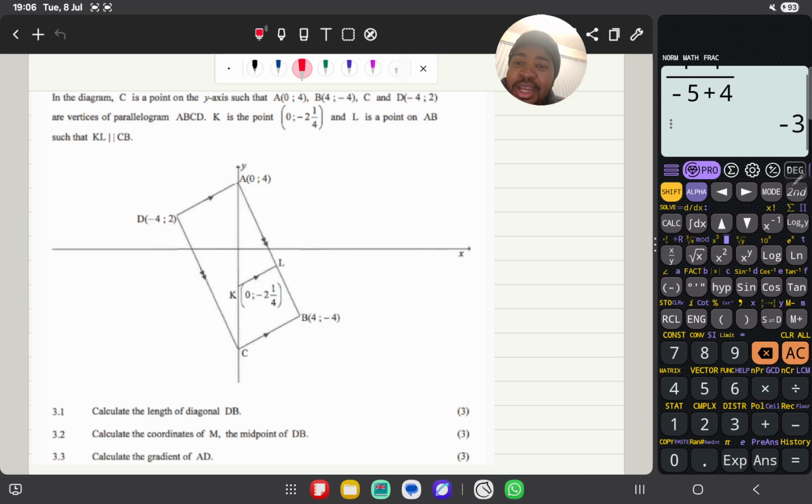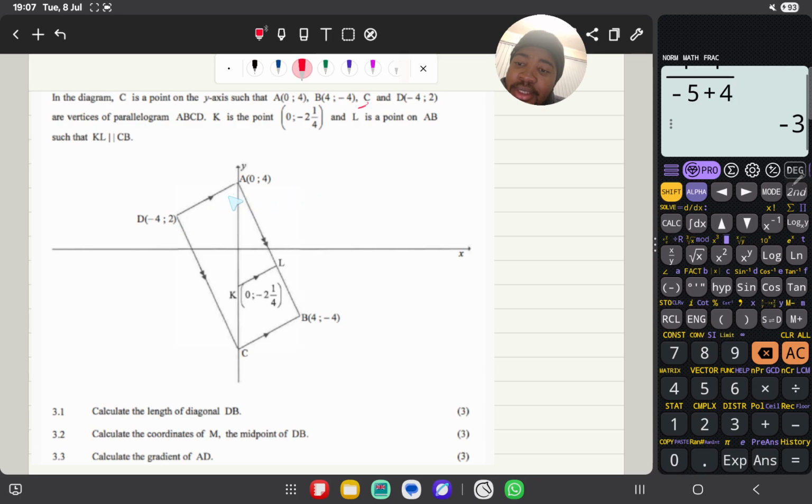Oh, they even did say that it is a parallelogram, and then they say we have a point here, right? With these 2 points, we might find the midpoint, and then with that midpoint use it to find C. I don't know, let's see. Even C, they didn't tell us what the coordinates of C are.